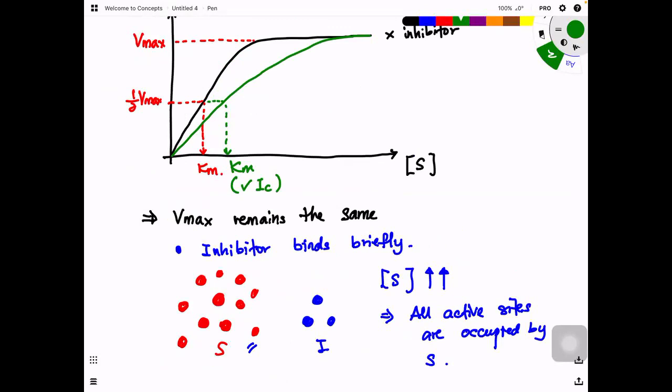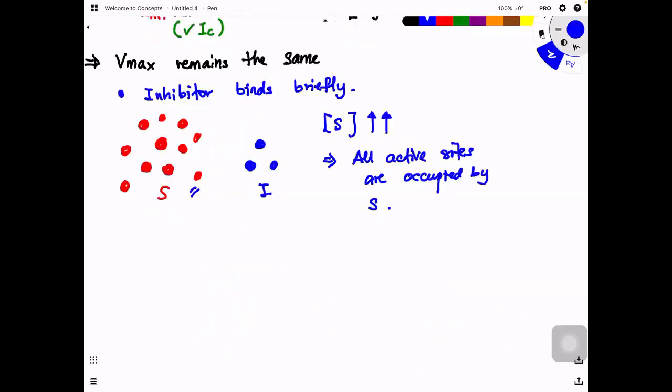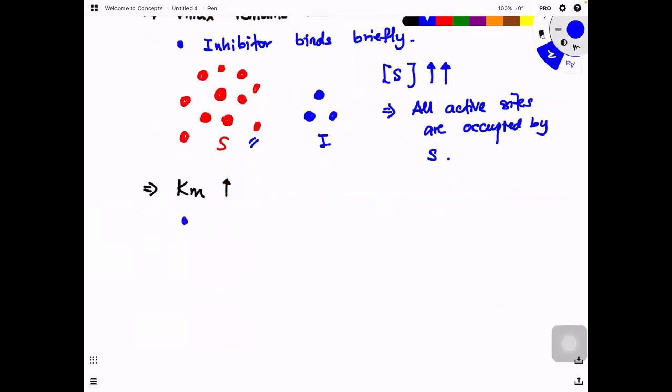Are you clear? Okay. So in this case, you can see that the second Km is now higher. What does a higher Km mean? Why is Km higher? Km is higher because we need a higher concentration of substrate to achieve half Vmax.